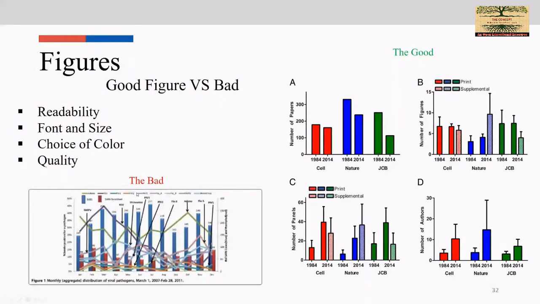But here it is clean, crystal clear. So you take care of readability, font and size, choice of color, and quality. Those four things are the pillars of a good figure. Now I will tell you how you can create a good, high-quality figure for your publication.